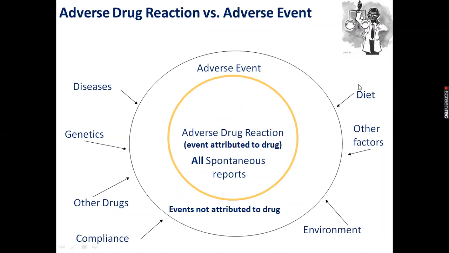It can be peanuts, all these things can occur. There are so many factors which influence this: the diet, the oil the person has used, environmental allergens. The patient may have allergy complaints, genetics, diseases. So many things can cause adverse events, but few of them are due to the drugs. We call those adverse drug reactions.